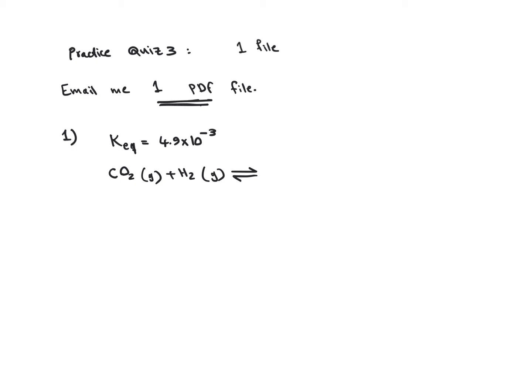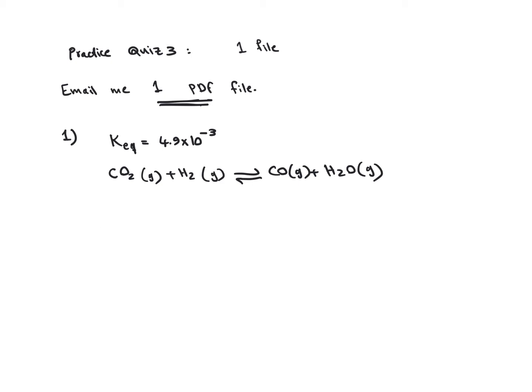So not only does the reaction go left to right, CO2 plus H2 producing CO gas plus H2O gas, but CO gas plus H2O gas also produces CO2 plus H2. And to be more concise, we write half arrows.